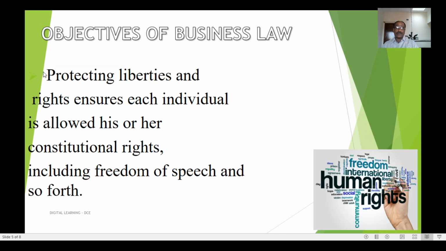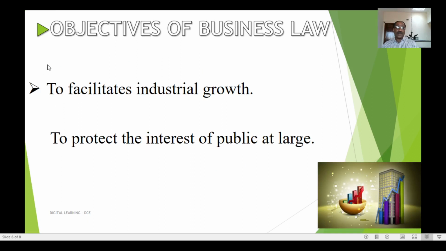One more objective of the business law is that it protects liberties and rights, which ensures each individual is allowed his or her constitutional rights, including freedom of speech and so forth. And the last two objectives of the business law are that it facilitates industrial growth, and it protects the interest of the public at large.